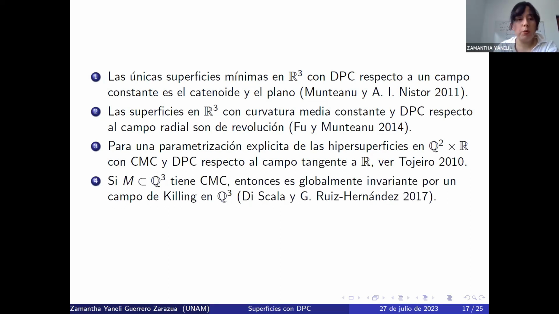So in space forms, one of the examples would be the one I had shown before. And if M is immersed in a space form and has canonical principal direction and constant mean curvature, then it's globally invariant by a Killing field, which is also consistent with the new result.